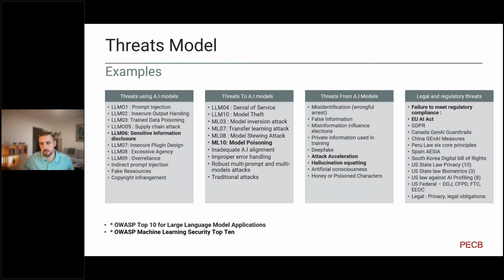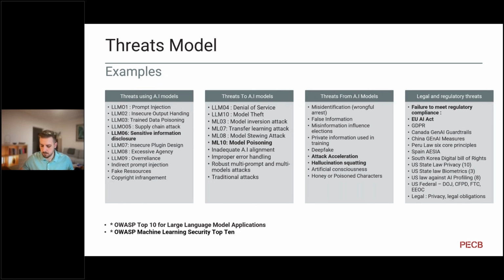One of the points also about specific threats under the threats from AI models category is hallucination squatting, sometimes exploiting an AI system's tendency to hallucinate or generate false data under certain circumstances. This should be considered when you set up and lead your risk assessment, because depending, of course, on your use case, it can lead to a big and important impact.